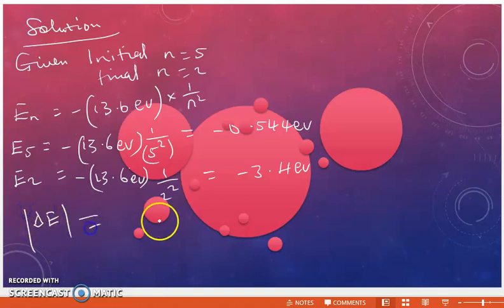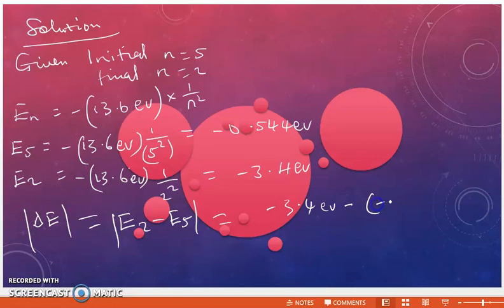So this will be the final state, E2, minus the initial state, E5: negative 3.4 electron volt, which is the final state, minus the initial state, negative 0.544 electron volt, like we have here.